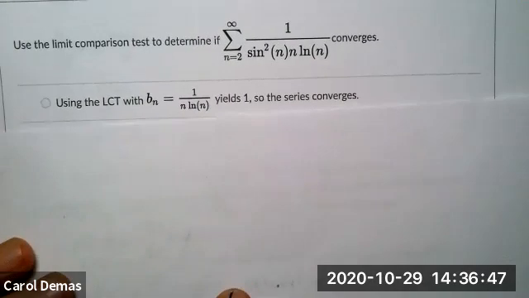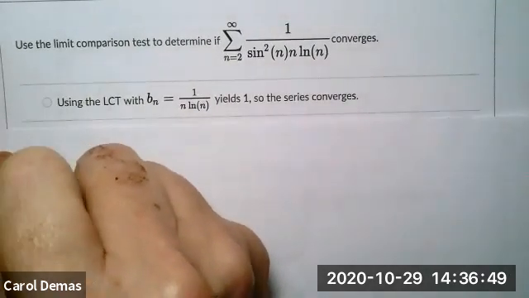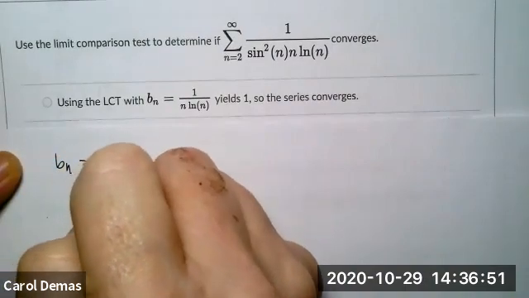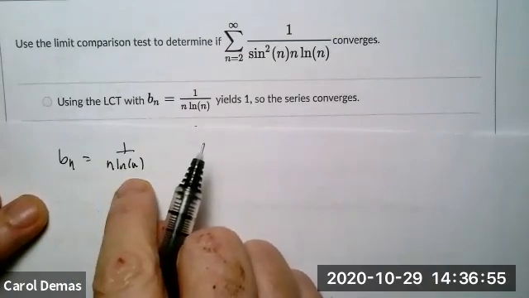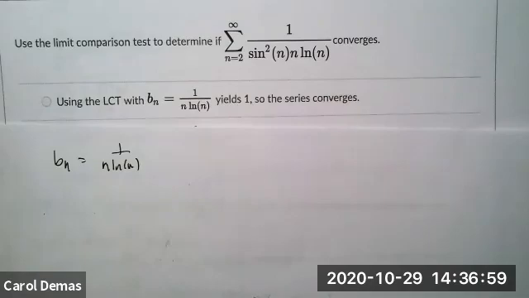It will yield 1. No, it doesn't. Let's see, limit comparison. First of all, what do we know about bn? Using the generalized p-test, is this going to converge or diverge? Diverge.